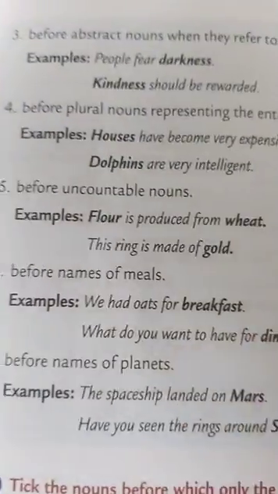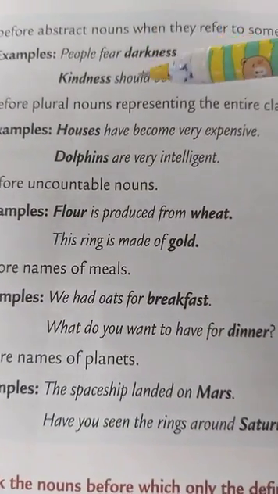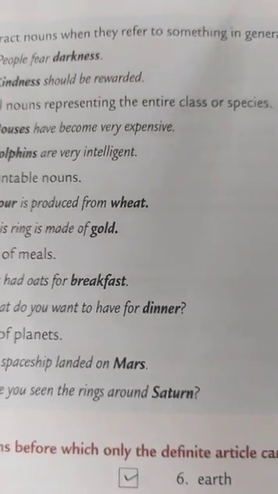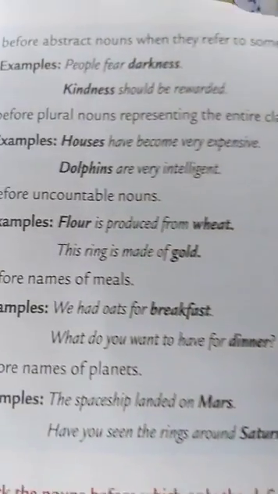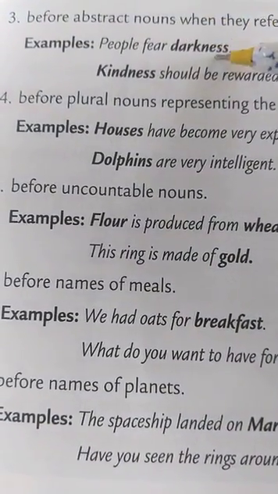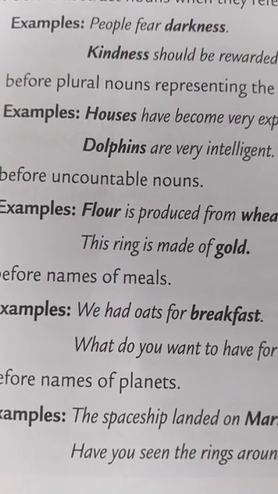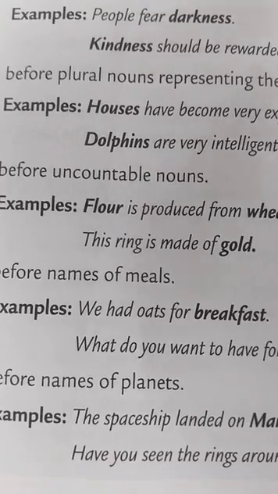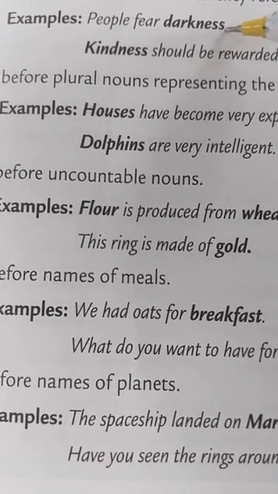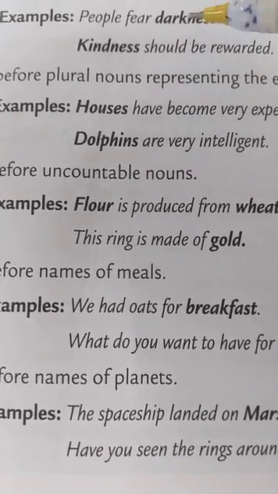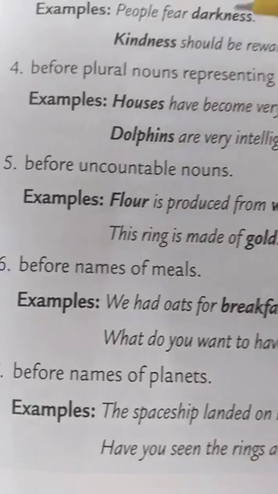Okay. Then we don't use articles before abstract nouns when they refer to something in general. Okay. For example, people fear darkness. Now darkness is an abstract noun and it is being referred to in general, so we have not used article the before it.